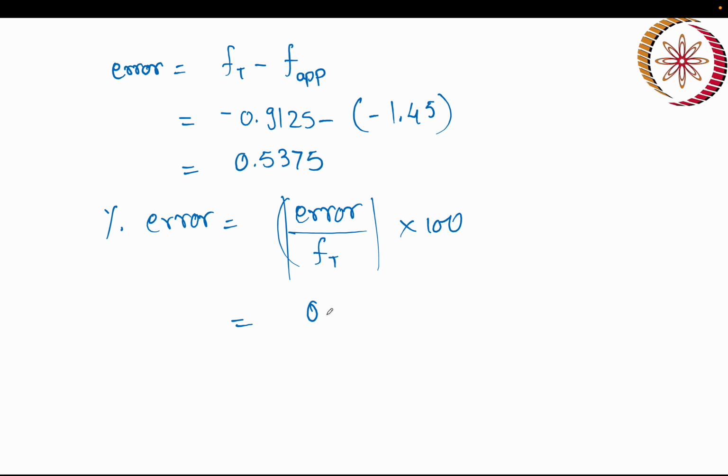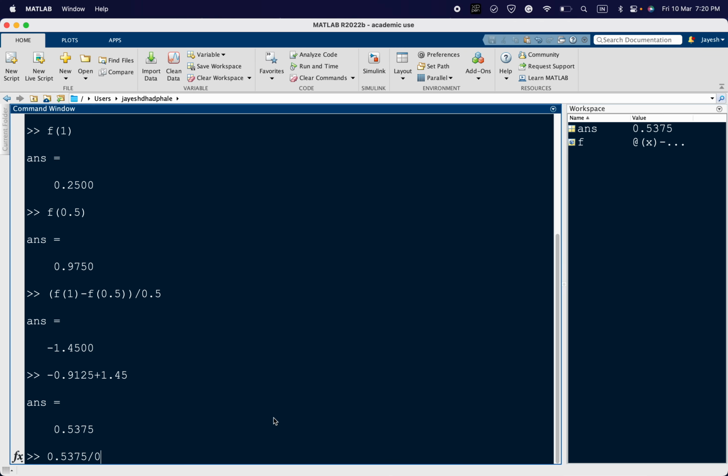So it will be 0.5375 divided by 0.9125, and we are taking the modulus, so we don't need the minus sign, into 100.